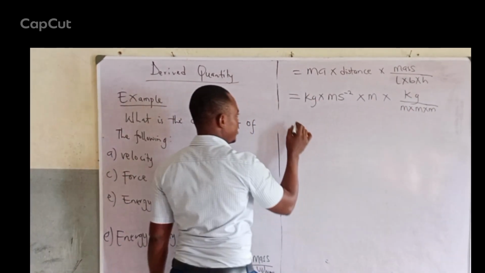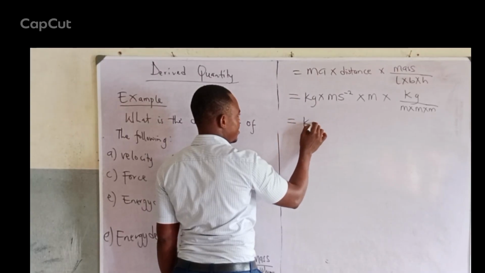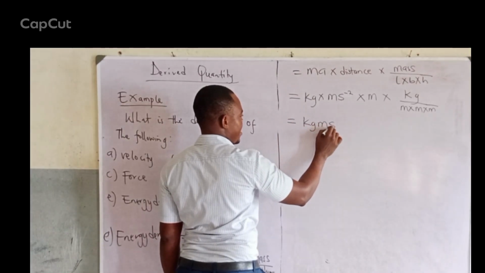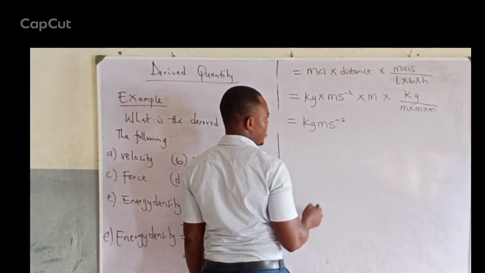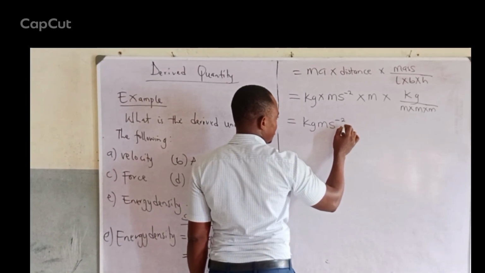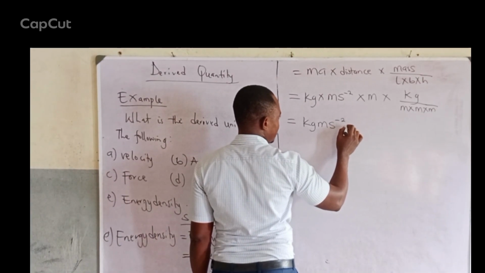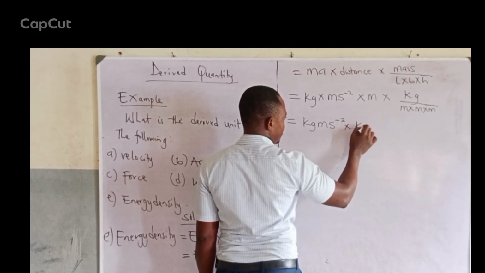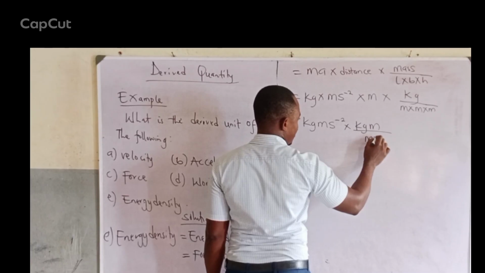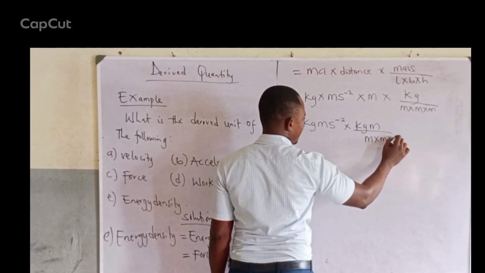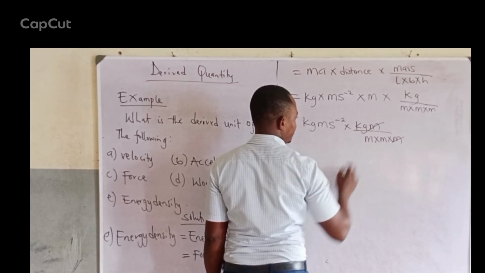So this will now be kg m s^-2 times kg m over m times m times m. This m will cancel this m.